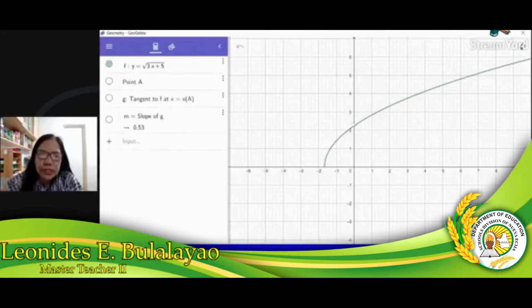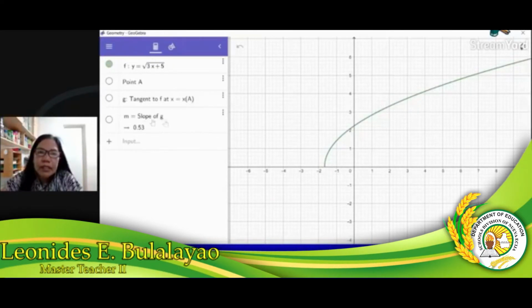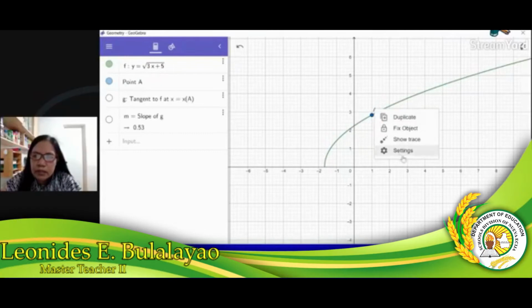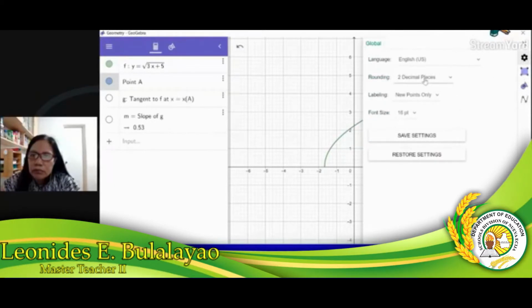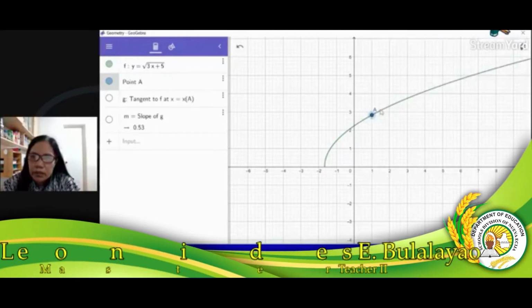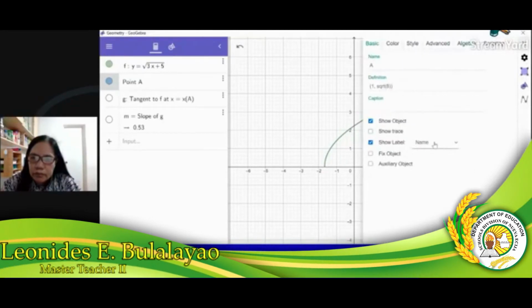There, this is the graph of the square root of 3x plus 5, and then at the point 1, we have name and value.